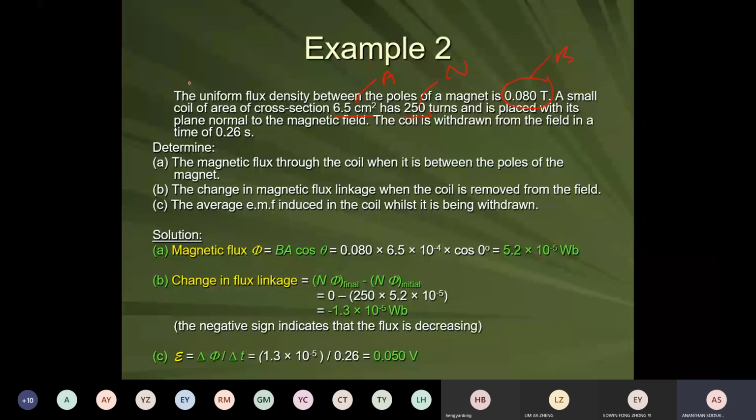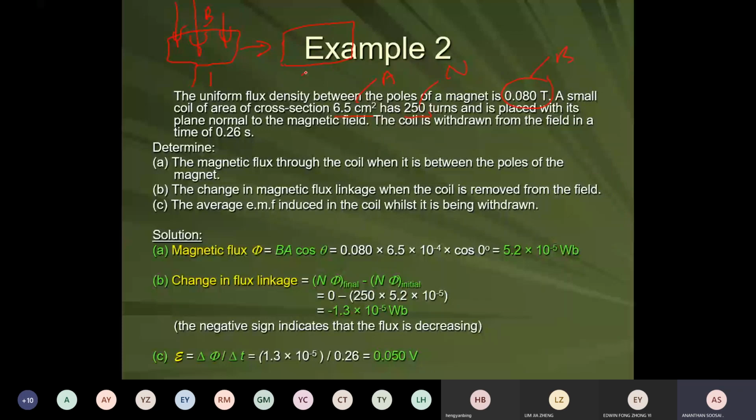You have a coil in the magnetic field. But here there is no magnetic field. The coil is totally moved to the right, so that it is withdrawn from the field, totally withdrawn. So this is the first case, and this is the second case.